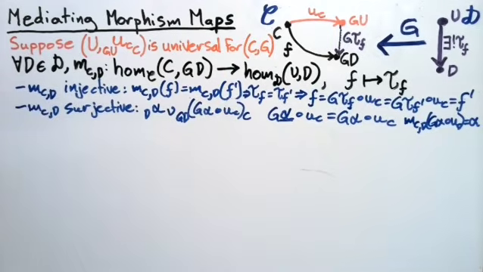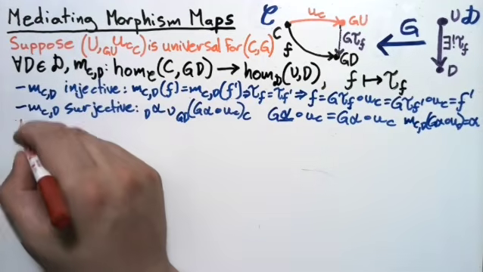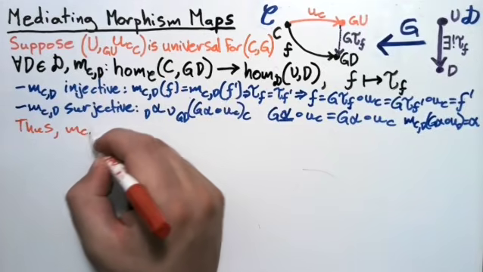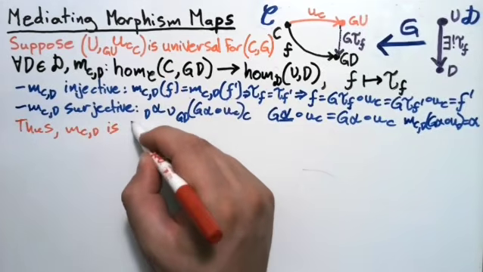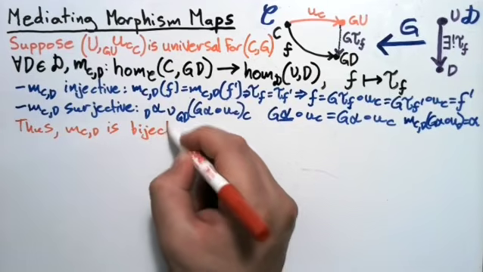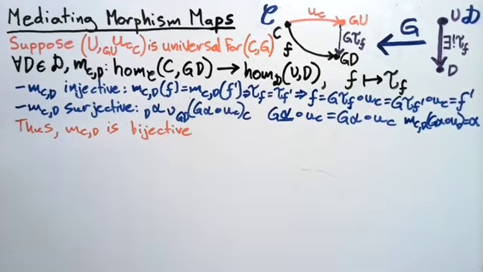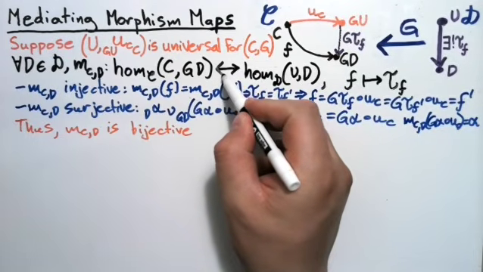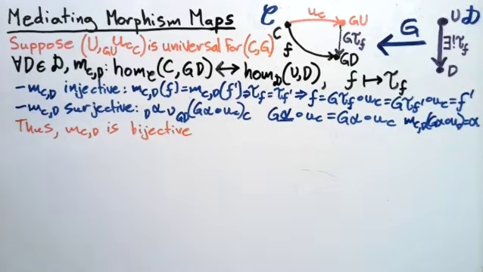So what does that mean? MCD is both injective and surjective. Thus, MCD is bijective. So we can actually, for any universal property, automatically define a bijection here, MCD.